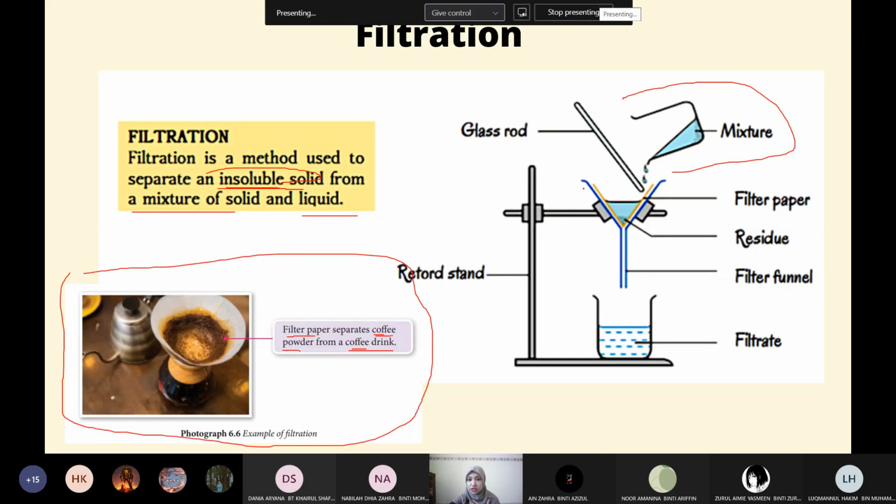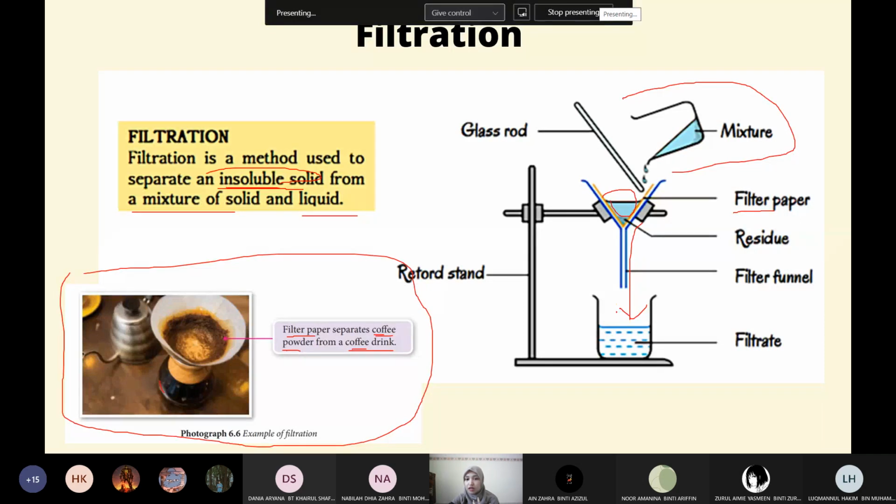In this filter funnel we put filter paper. So when we pour this mixture, the insoluble solid will trap here, and the liquid will flow down to the container lah, in this beaker.